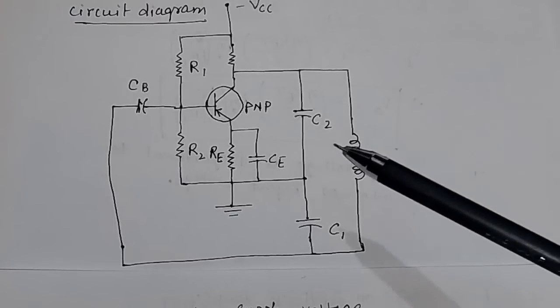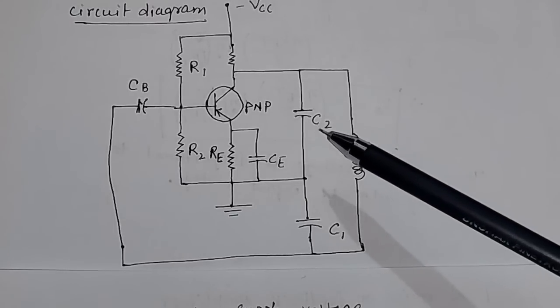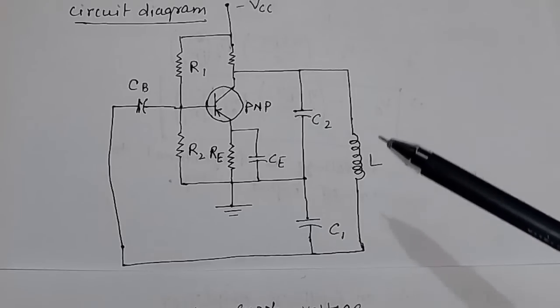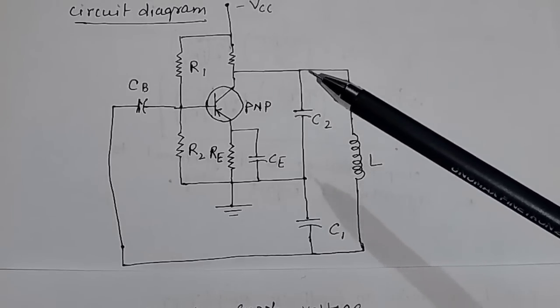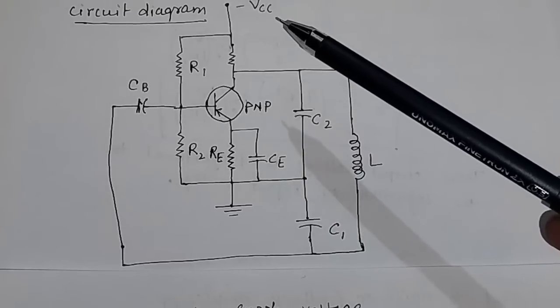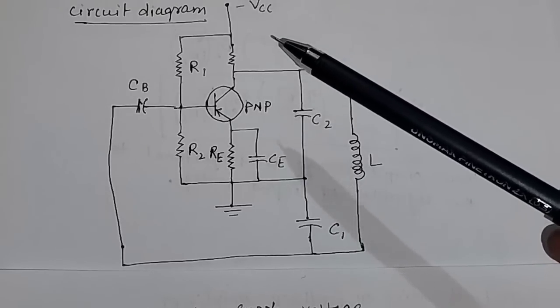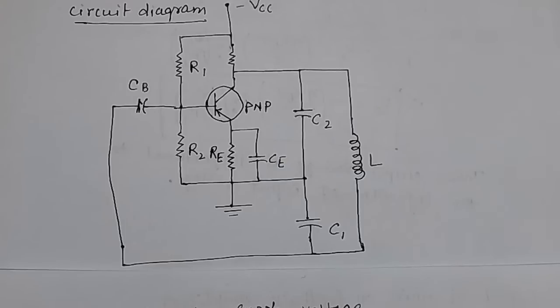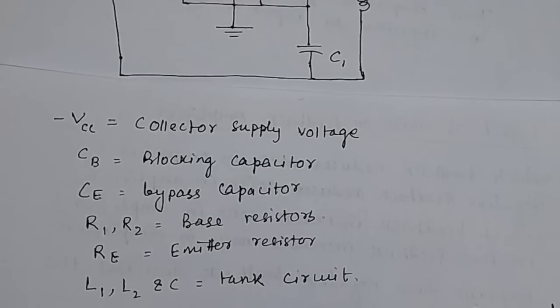And here is the tank circuit or LC circuit, and to the tank circuit you give a voltage VCC. So this is the simple diagram of the Colpitts oscillator.